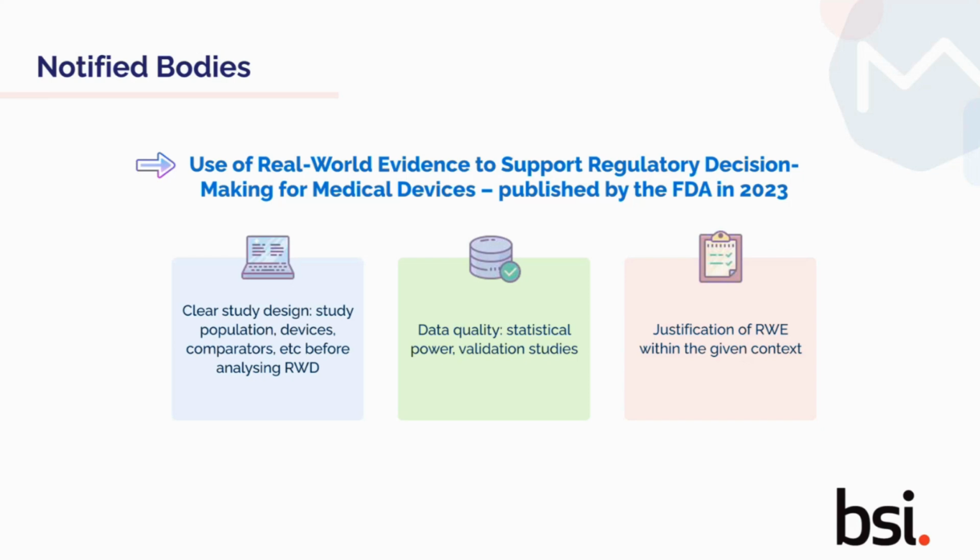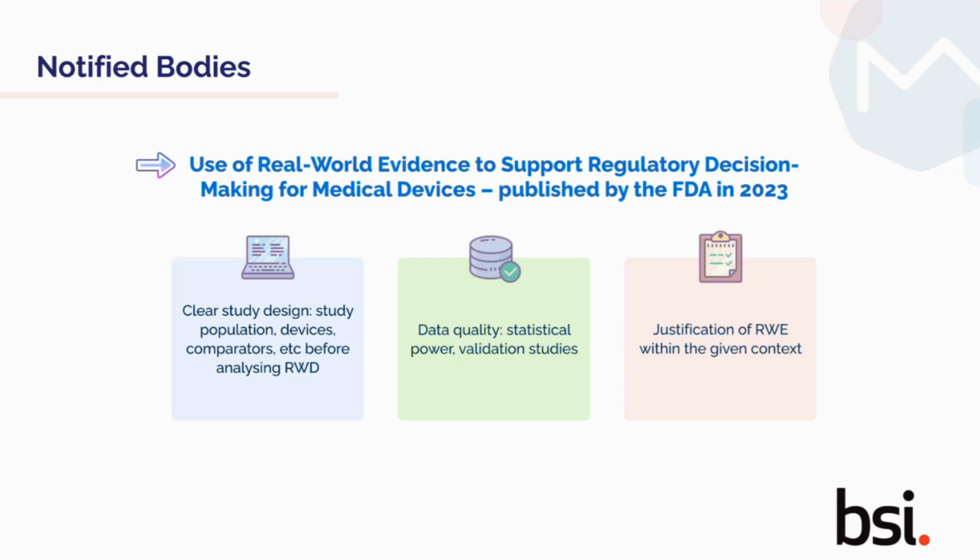As I mentioned earlier, it's important to have a thoroughly designed study to ensure that the data collected is as relevant and as specific as possible. For example, within the context of medical devices, we'd be looking at the study population, the specific medical devices and any potential comparators. All of these things need to be clearly outlined before even starting on the processes for aggregating the real world data specifically.